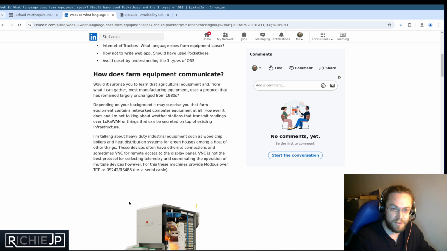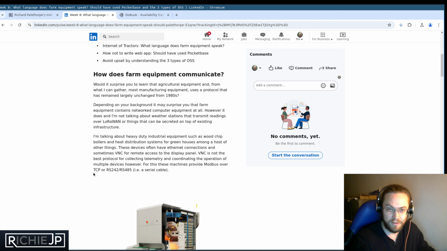However, it does, and I'm not talking about weather stations that transmit readings over LoRaWAN or things that can be secreted on top of existing infrastructure. So this isn't like we've taken a farm and dumped some equipment on top of it. This is talking about the stuff that's already there and has been there for quite some years now.